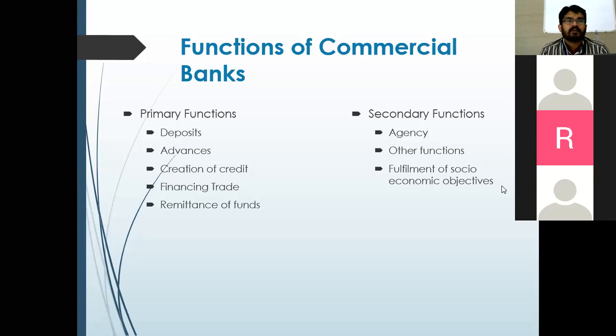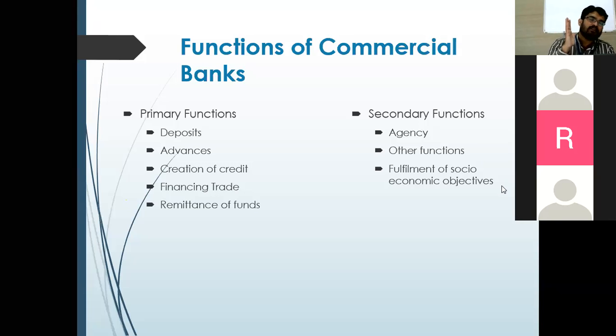Consumer credit, sir. Yes, consumer credit. So the different types of loans given by commercial banks are: first your overdraft facility, cash credit facility, bills discounting, money at call. Then term loans.